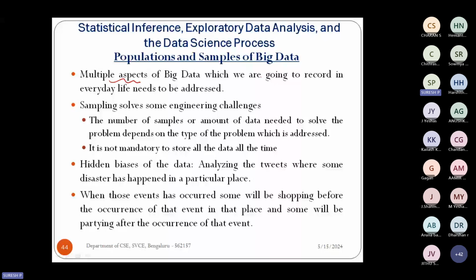When you talk about big data, you are going to record everything that happens in everyday life. For that, what you have to do is the sampling process.